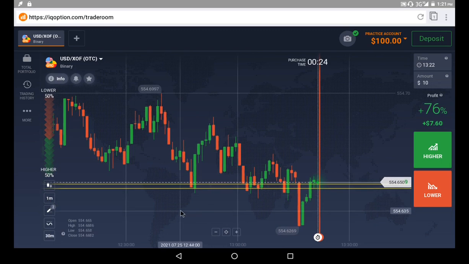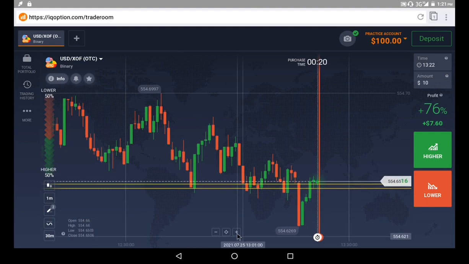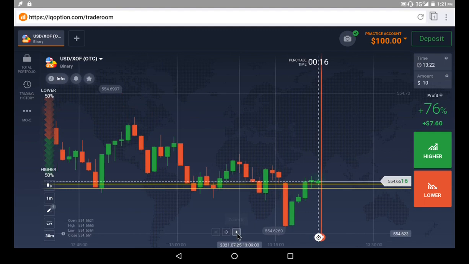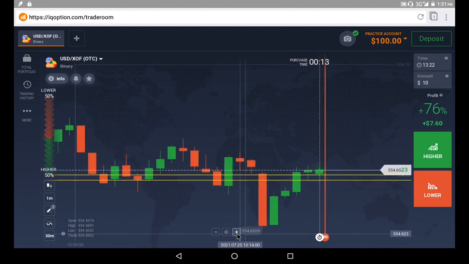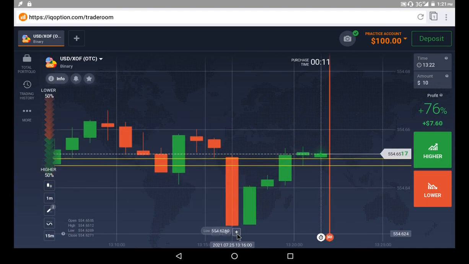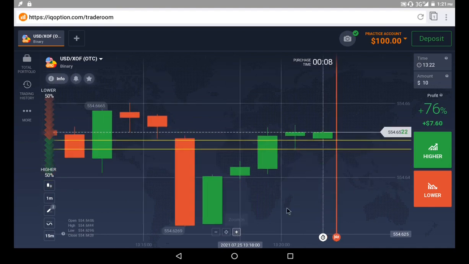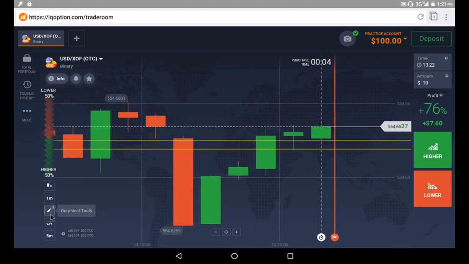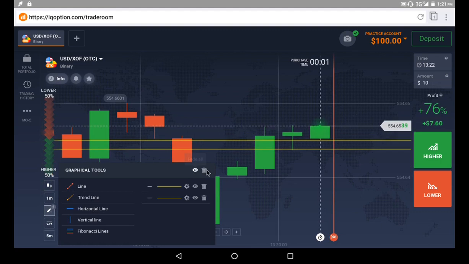If a round number area has been used so many times, you just have to be careful in using it. Like I was saying, the more you zoom in your chart, you will notice the numbers constantly changing. If I zoom in this chart completely, I may not see that round number. Let me remove the lines I drew.